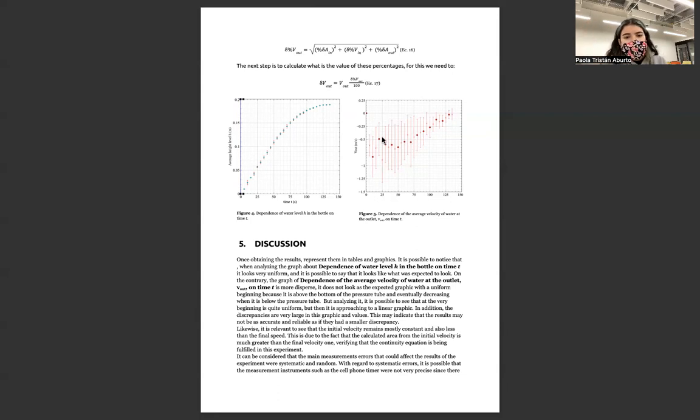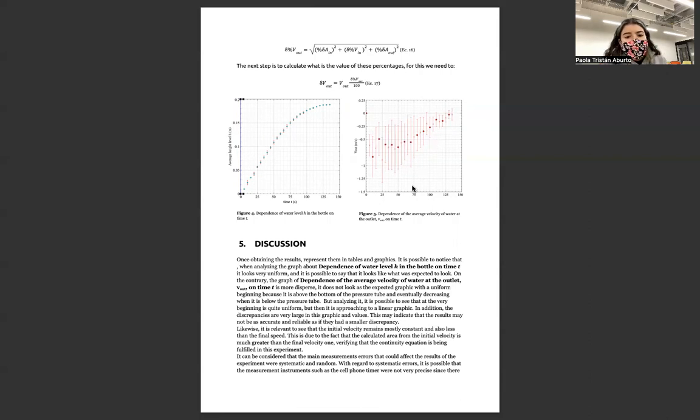But if we analyze it a little bit more, we can see that it is uniform at some point at the beginning, as it is stated in this experiment, and then it decreases in this case because our velocities are negative, it decreases and it goes to zero.